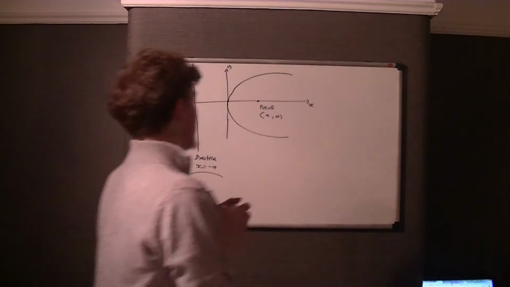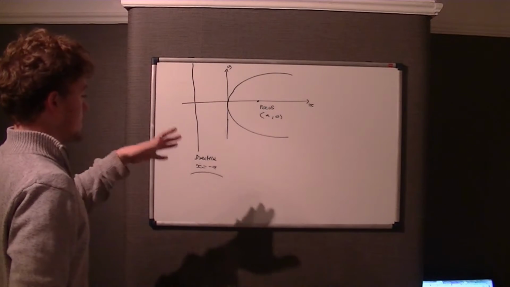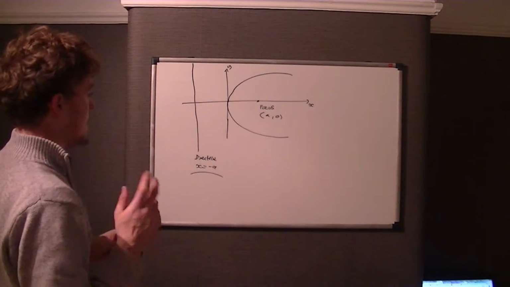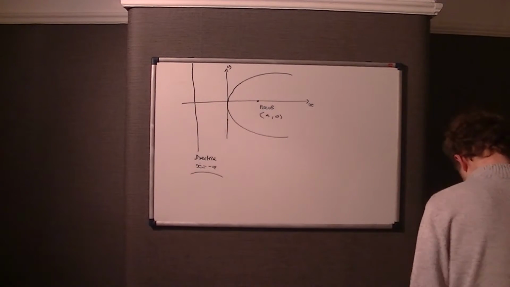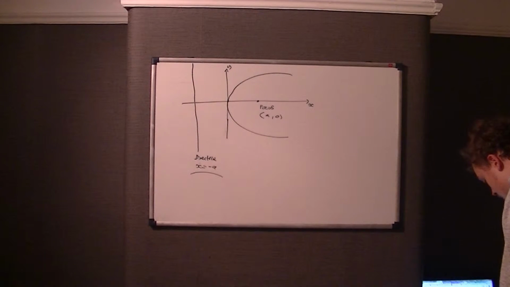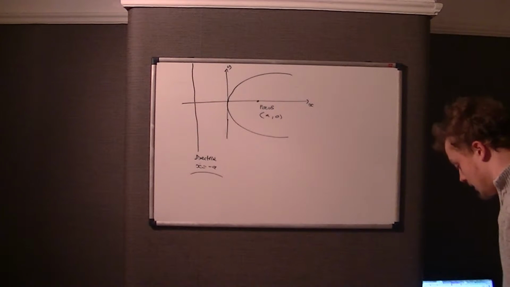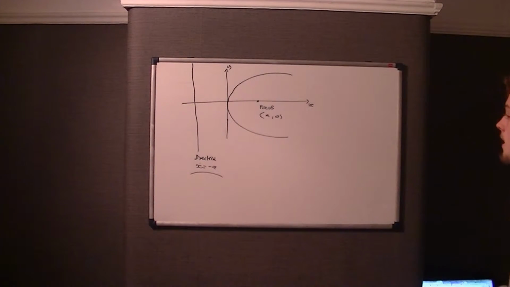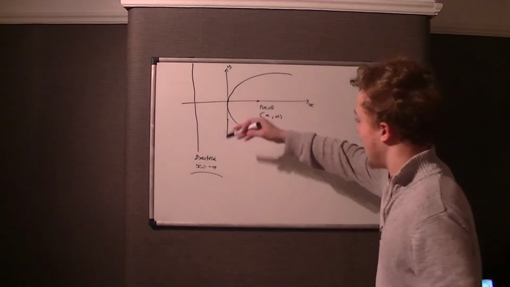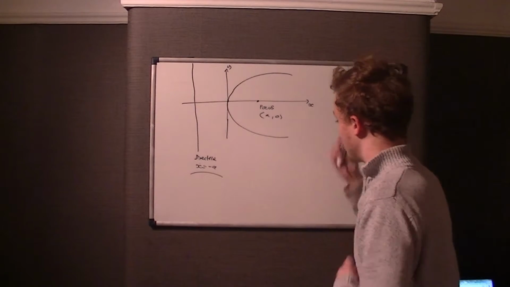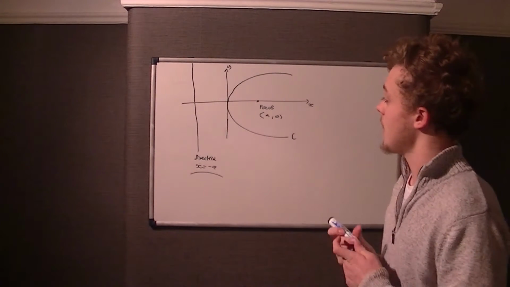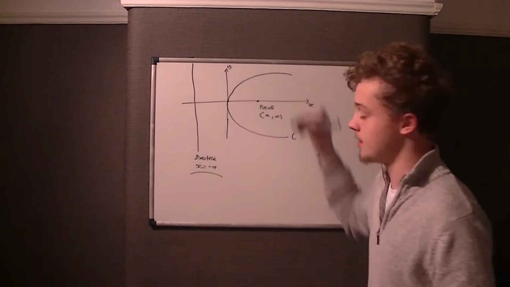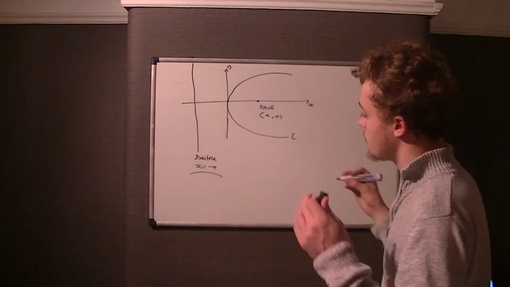So now I'm going to actually explain what this parabola is. A parabola is a locus of points. What we mean by that is you could pick any point on this parabola, or curve C, and the distance to the focus and the distance to the directrix would be exactly the same.